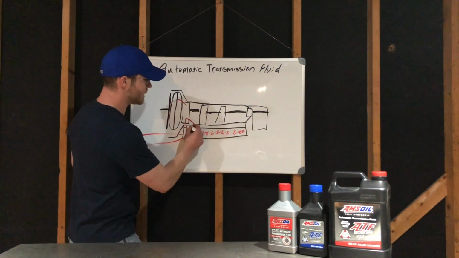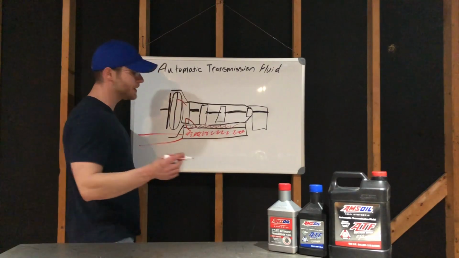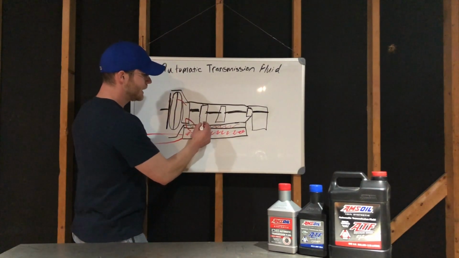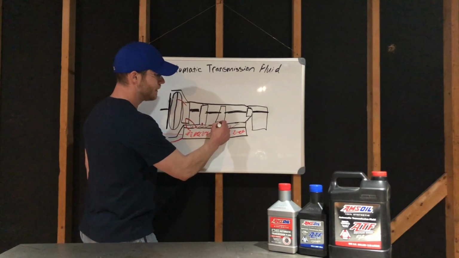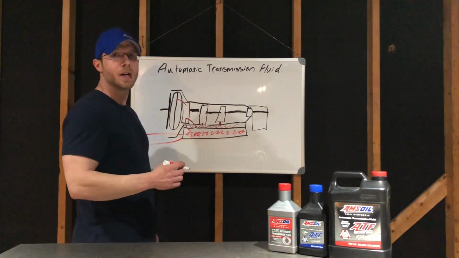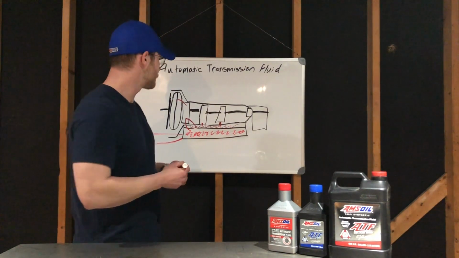So the oil goes through this maze, and it goes to the various places it needs to go. Now we've got valves in here that send the oil to the correct gear based off of what either the computer or the linkage decides for it to do.